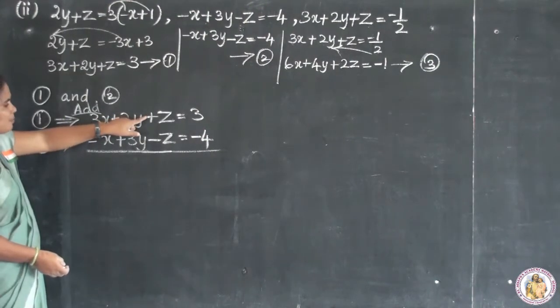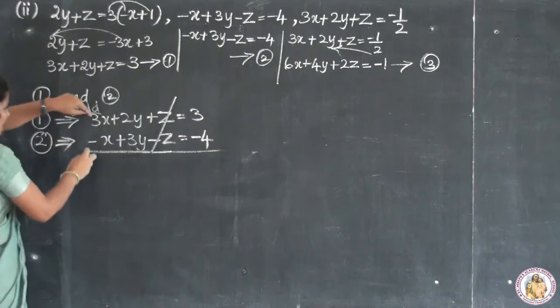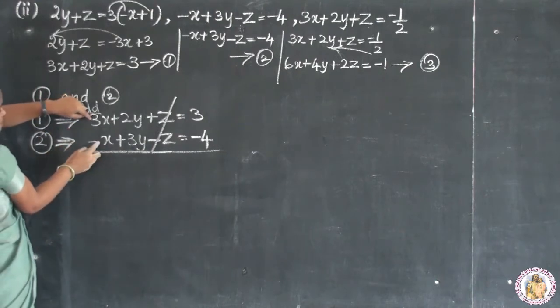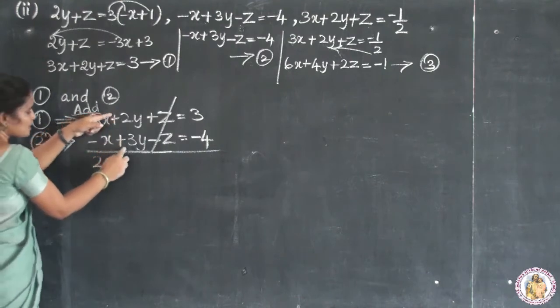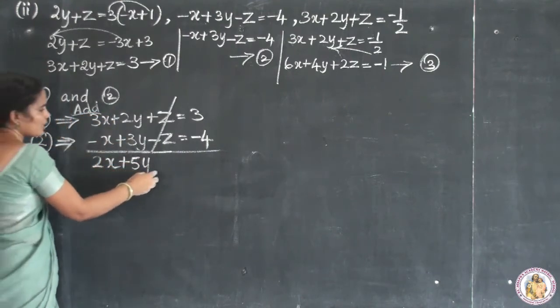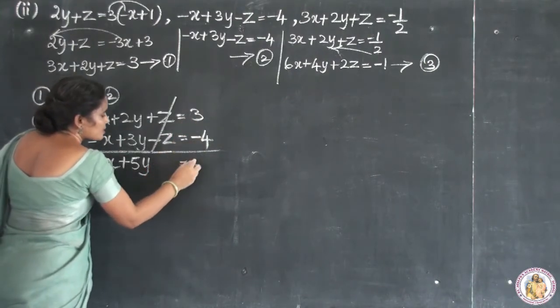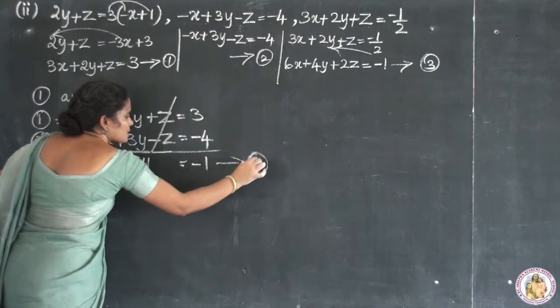Now we can see plus z and minus z cancel, and remaining 3x minus x is 2x. Same sign, and 2 plus 3 is 5y is equal to different sign, subtract, minus 1. Taking this as the fourth equation.